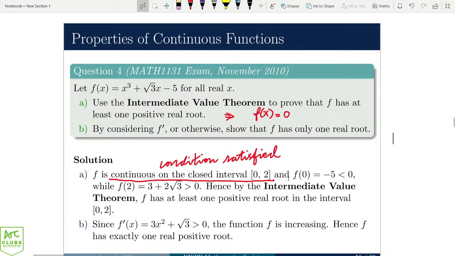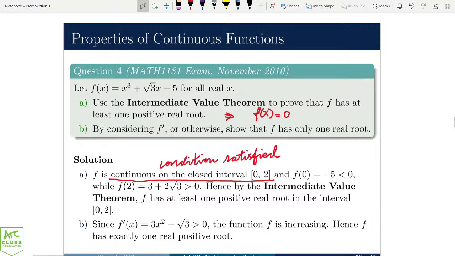All right, so the conclusion of our part A is that by the intermediate value theorem, because our endpoints are above and below the x-axis respectively, then f has at least one positive real root in the interval [0, 2]. So in other words, it's saying that within this interval [0, 2], f passes through the x-axis at least once.